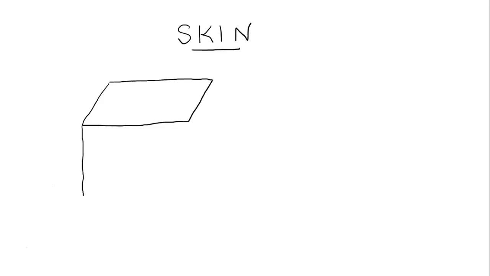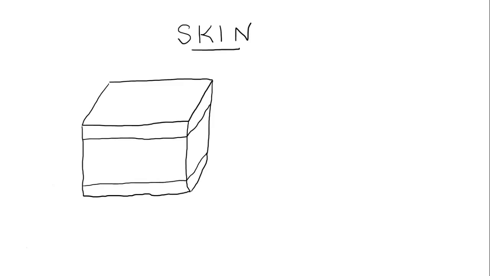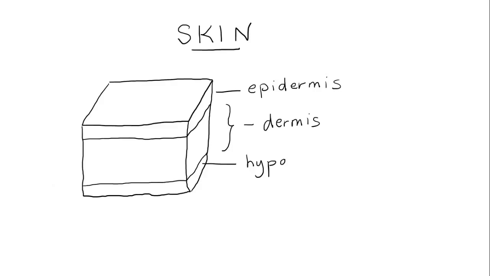Let's start by looking at the anatomy of the skin. The skin is in two layers. We'll draw a picture of it here. It kind of looks like a slice of cake. The top layer is known as the epidermis. The middle layer, which is the largest layer and has the most different features, is the dermis.